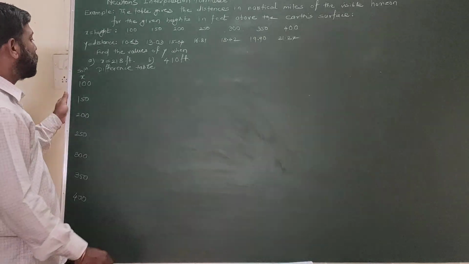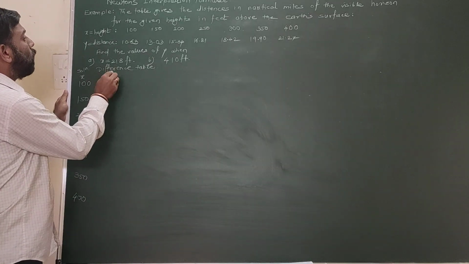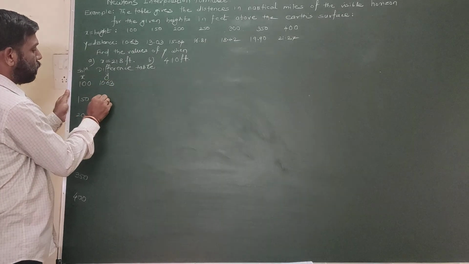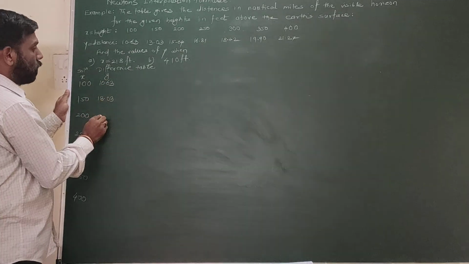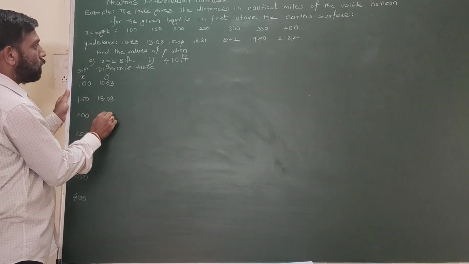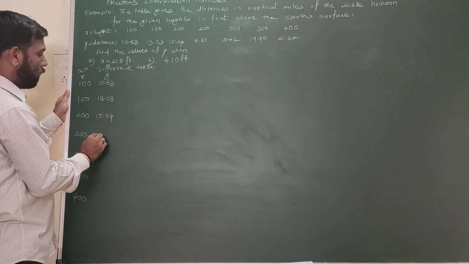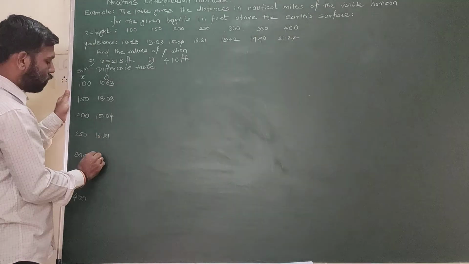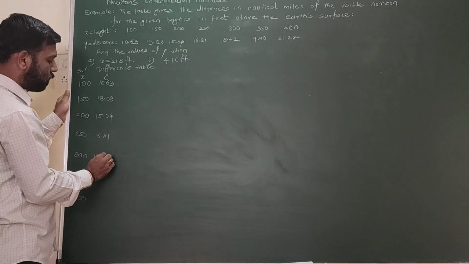So this is our x column. Now in the y column we will mention the respective values. In the previous 2-3 examples we saw how to complete this difference table. So 2 or 3 values I will explain in this case.